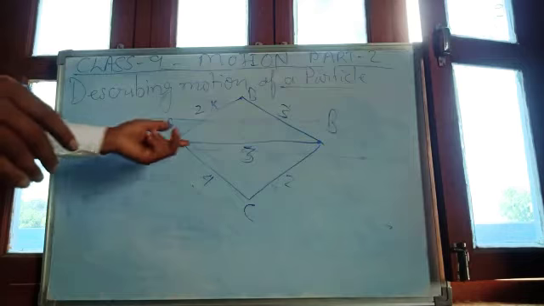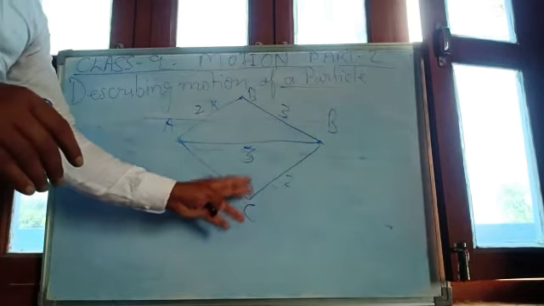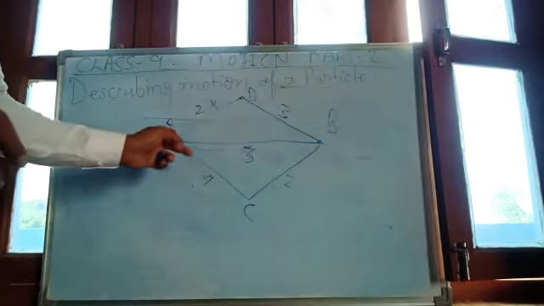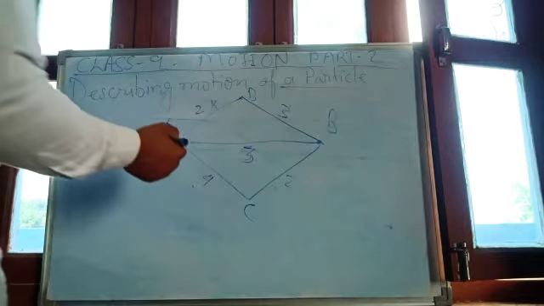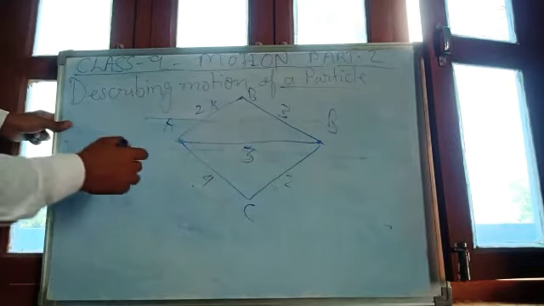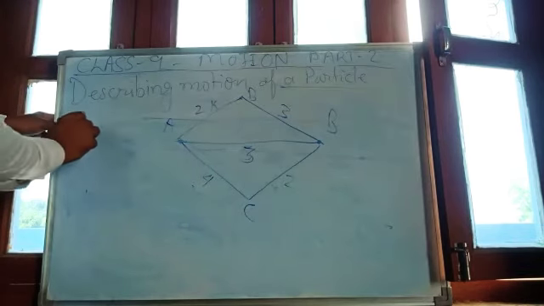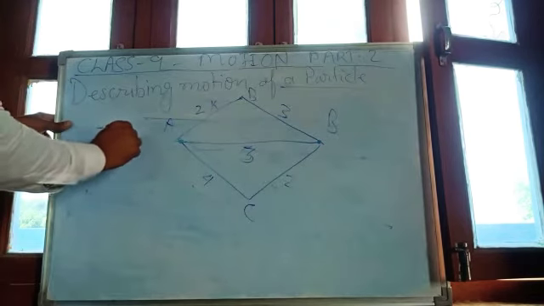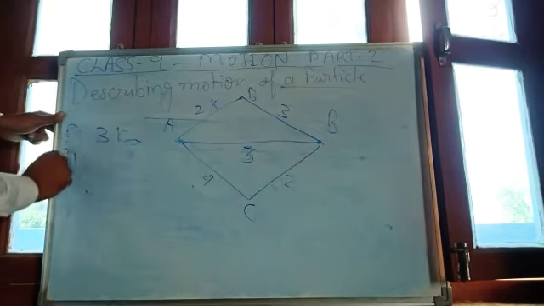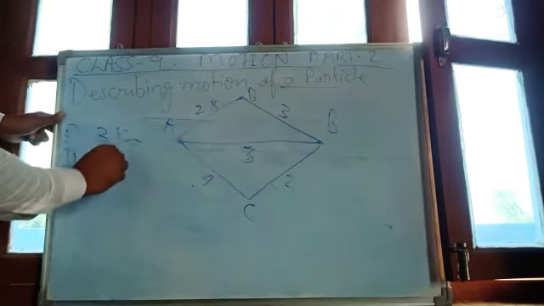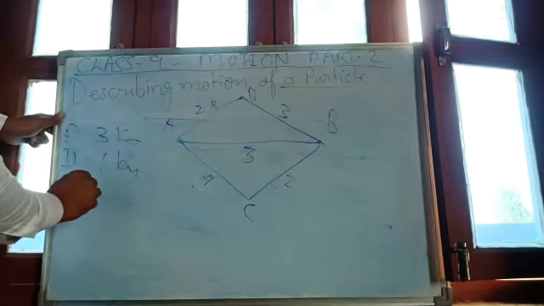Which one will be better for us? This one definitely. But let's suppose somebody has work in village C and B also, then he will go through C and B. So when the person goes straight, the total distance covered will be 3 kilometer in the first way, the second way will be 4 plus 2, 6 kilometer, and the third way will be 2 plus 3, 5 kilometer.